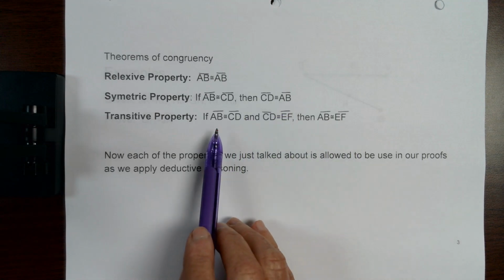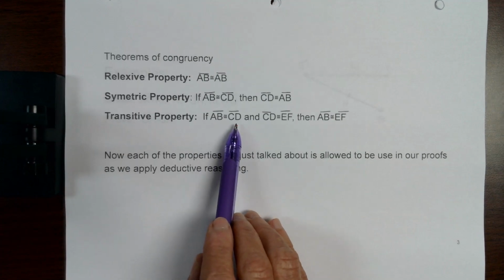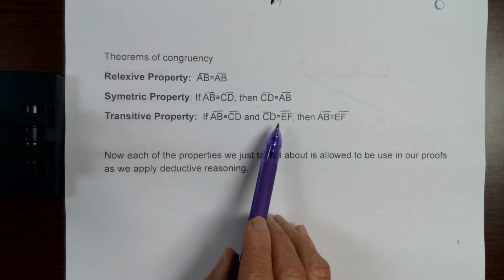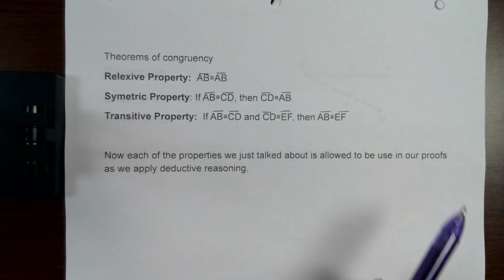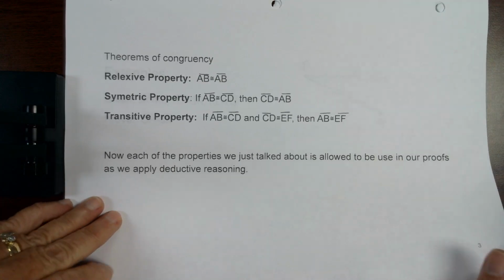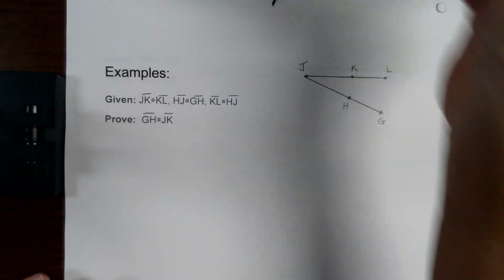The transitive property is if AB is congruent to CD and CD is congruent to EF, then AB is congruent to EF. Now each of the properties that we just talked about can be used in our proofs when we do deductive reasoning. So here's our first proof.